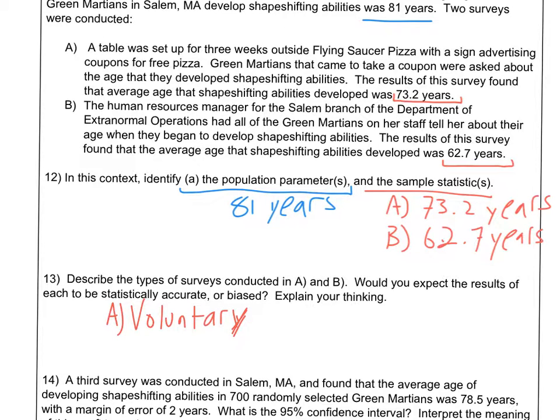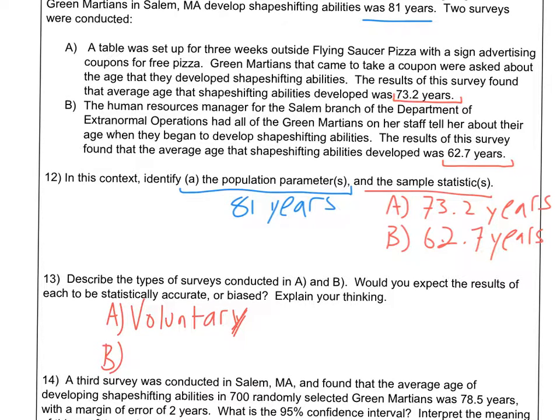There's some problems with this in terms of the target demographic is green Martians who are interested in pizza, which may be different than green Martians who are not. We don't know anything about that. So this is a little bit problematic as far as trying to get a good sample for the true average here.